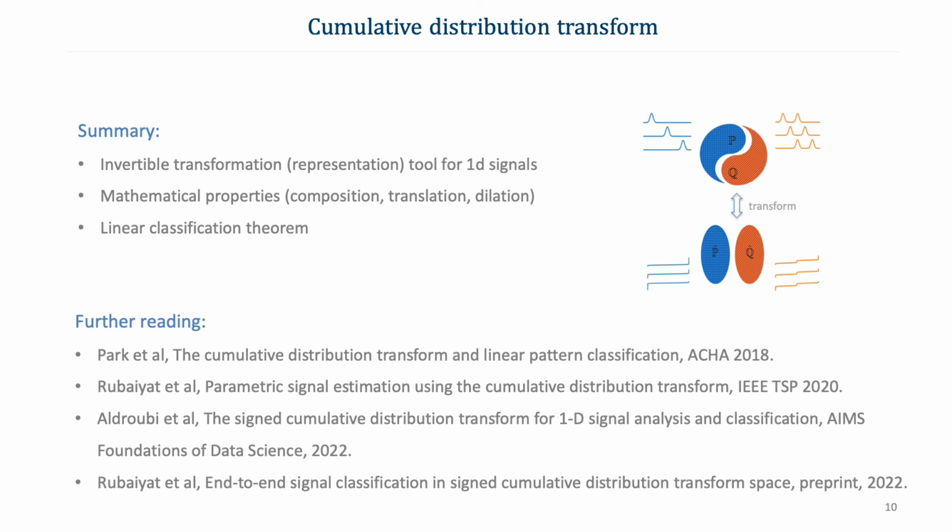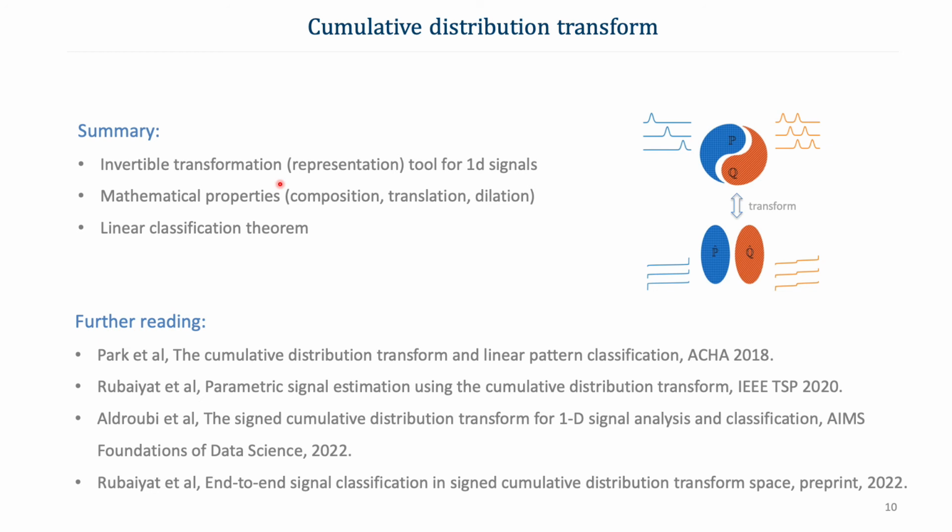So in summary, in this video we defined a new signal transform, which we call the cumulative distribution transform. We defined it for positive signals which can be interpreted as PDFs, so probability density functions. Like the Fourier transform, this is an invertible transformation, or in other words, it's a way to represent your signals.